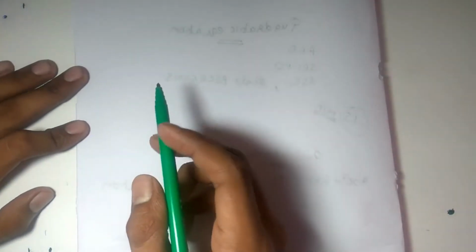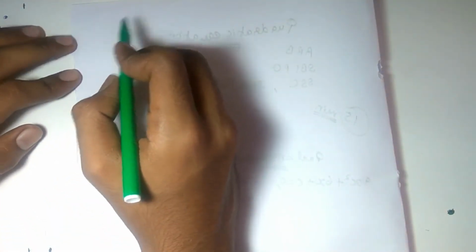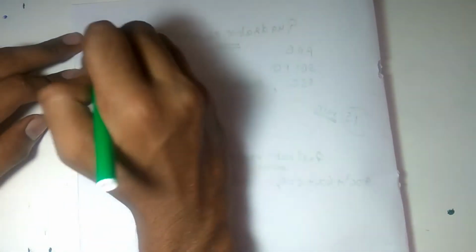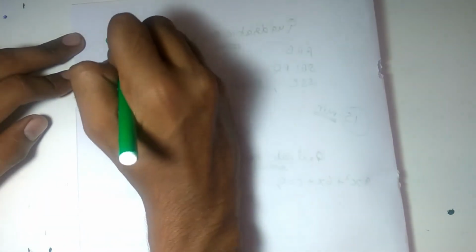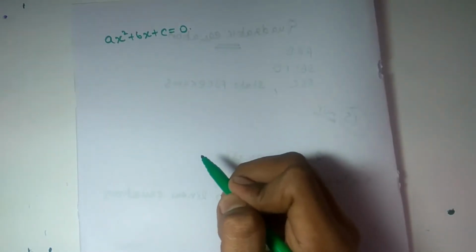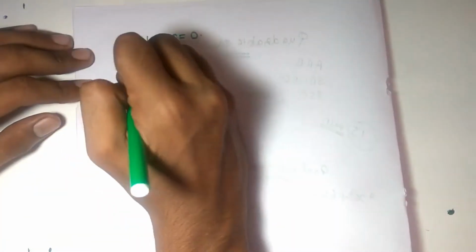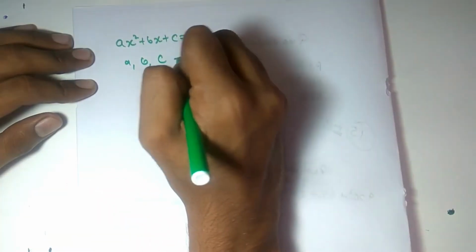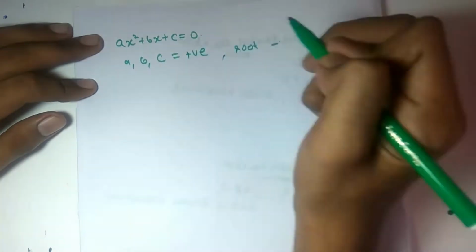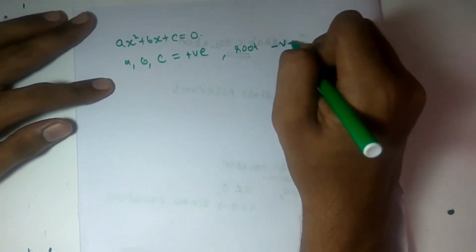So how can we classify quadratic equations, or how can we do some problems when a quadratic equation is given? Suppose, for example, ax square plus bx plus c is given as a quadratic equation. Now, if a, b and c are positive, then the roots will always be negative.